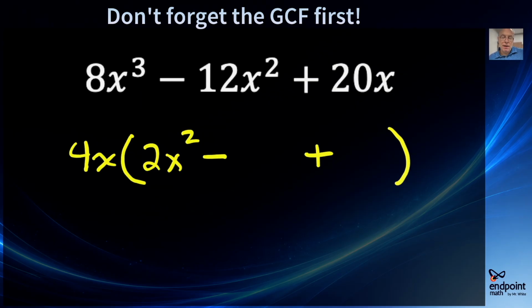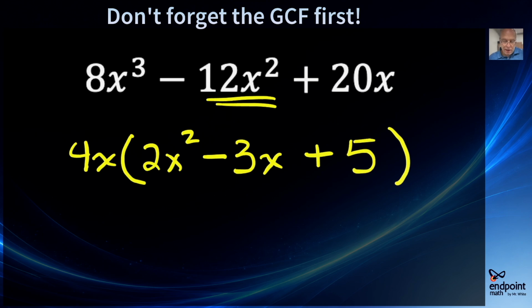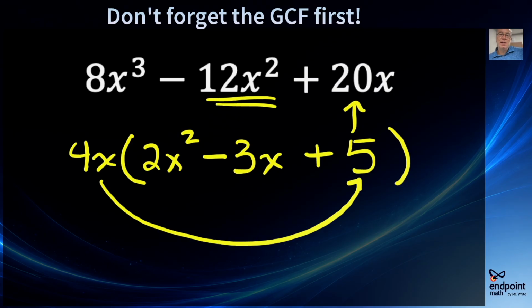What do we get for this 12x squared? What would have to go right here? It would have to be 3 because 12 divided by 4. And then we have 1x left behind. And then finally, at the very end, we have the number 5 because 4x times positive 5 would give us our 20x. So you have to have that plus 5 there.